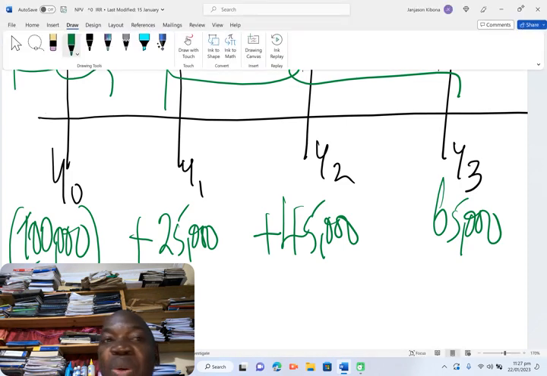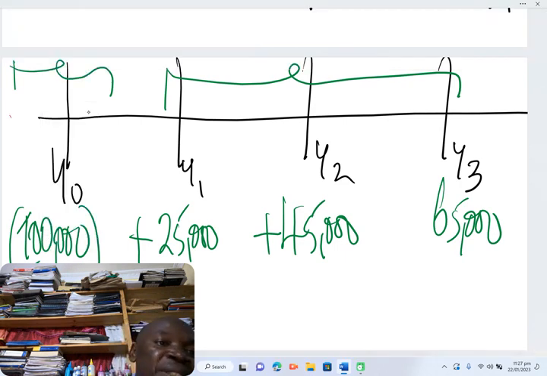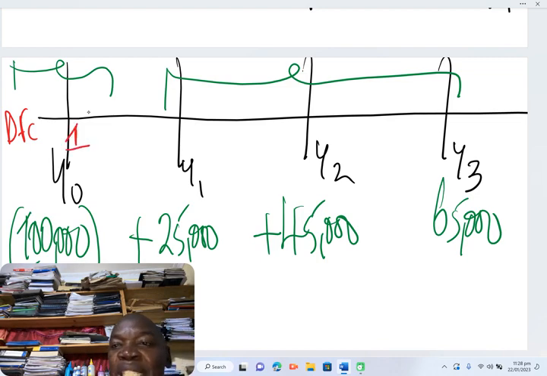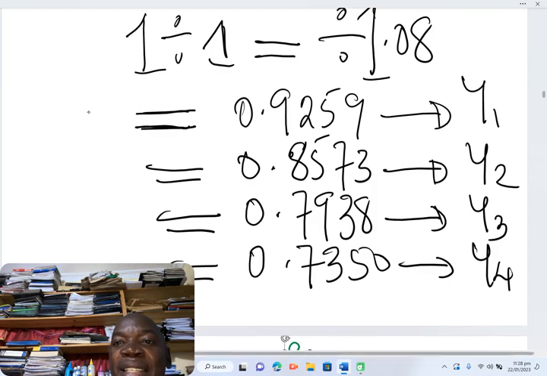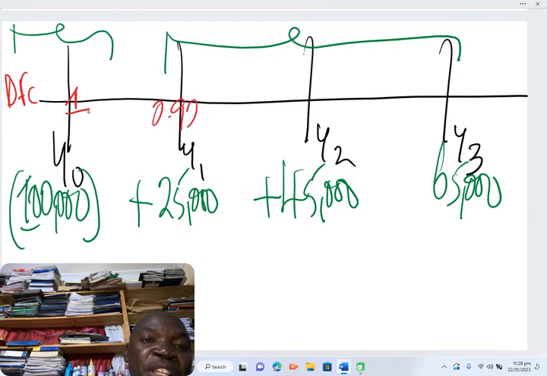Fortunately now, we need to consider the discounting factor. In year naught, it is 1. In year 1, it is 0.9259.